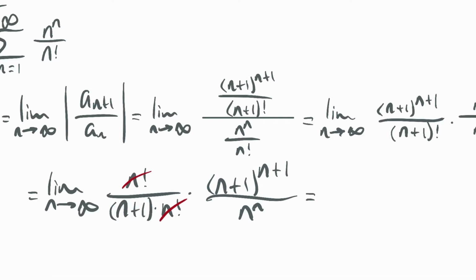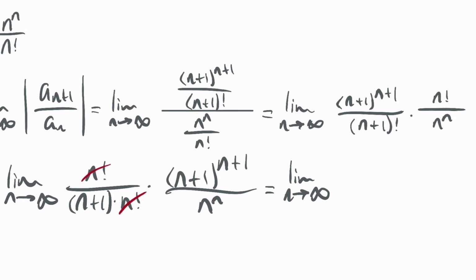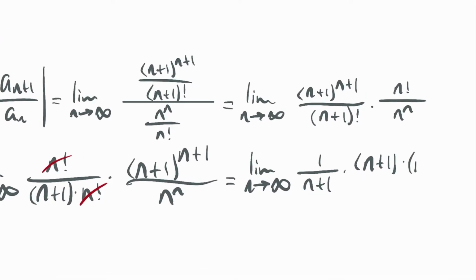So this equals the limit as n goes to infinity of 1 over n plus 1 times n plus 1 to the n power, not n plus 1. That's the point of what I'm doing here. All over n to the n power.